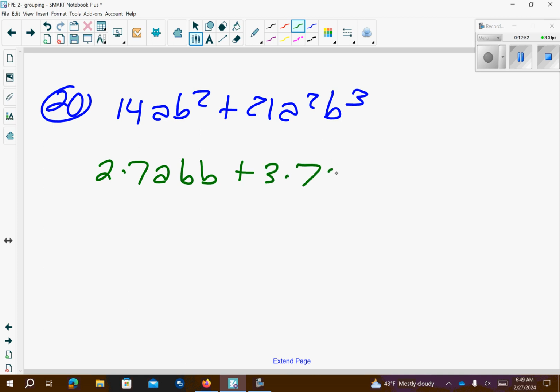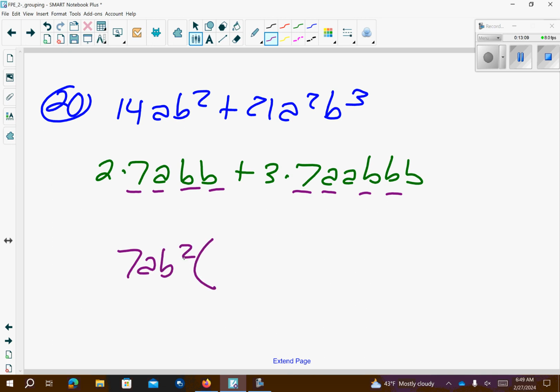I have a squared, which is aa, b to the third, which is b, b, b. Let's take a look at what we have in common. I have a 7. I have an a. I have a b and another b. So 7abb is 7ab squared. Then I have a 2 left behind plus a 3 left behind with an a and a b.